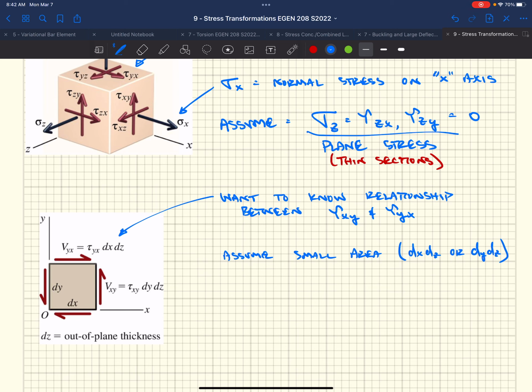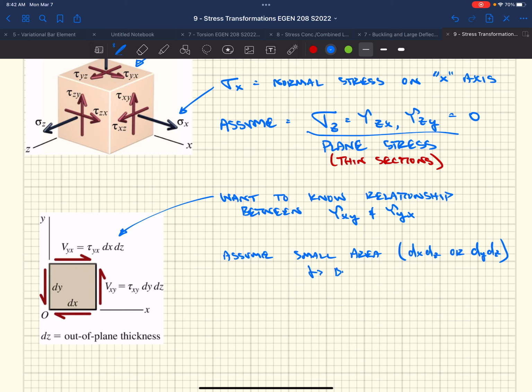Well, the area over which this shear stress acts is the y distance, the height of this rectangle, times the thickness of this rectangle, dz, that's in and out of the page. So that would create a shear force, Vxy, and we can do the exact same thing up here. We're looking at dx now as the length over which the shear stress acts. The thickness, dz, then gives us the area over which the shear stress acts. So Vyx equals tau yx times dx times dz.